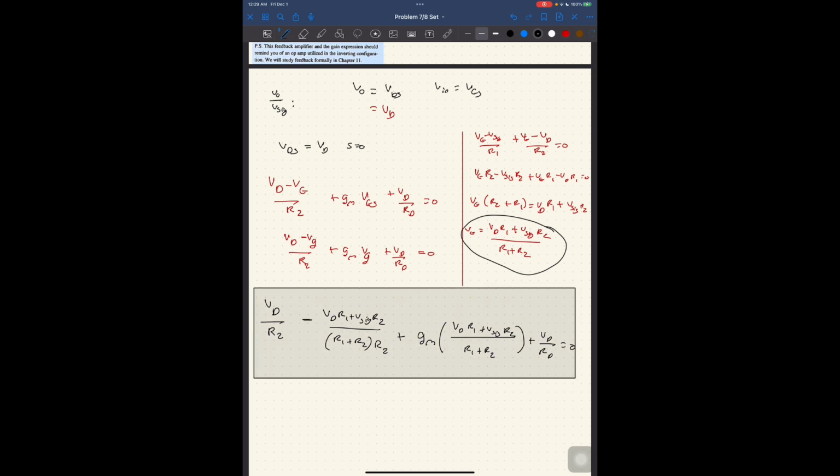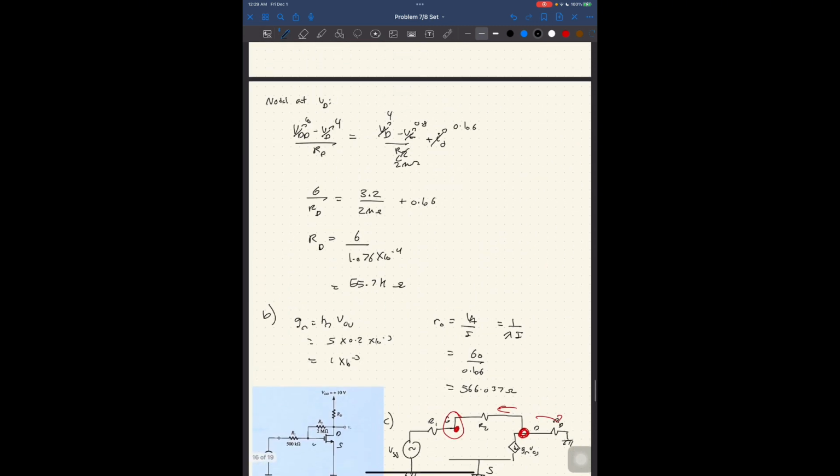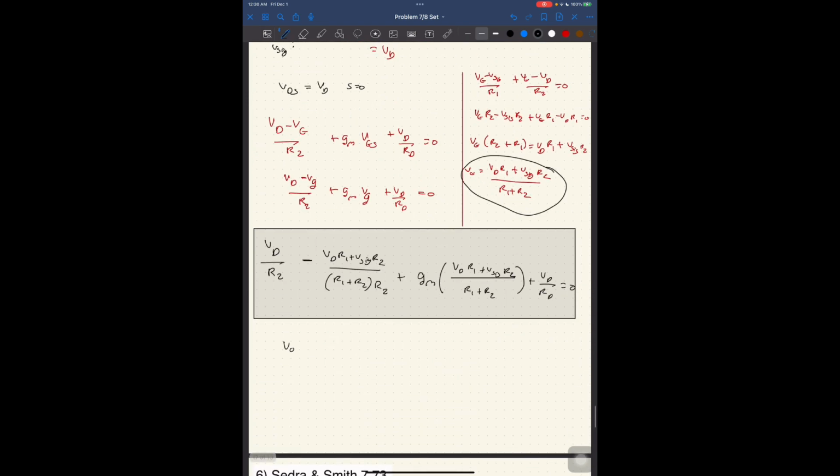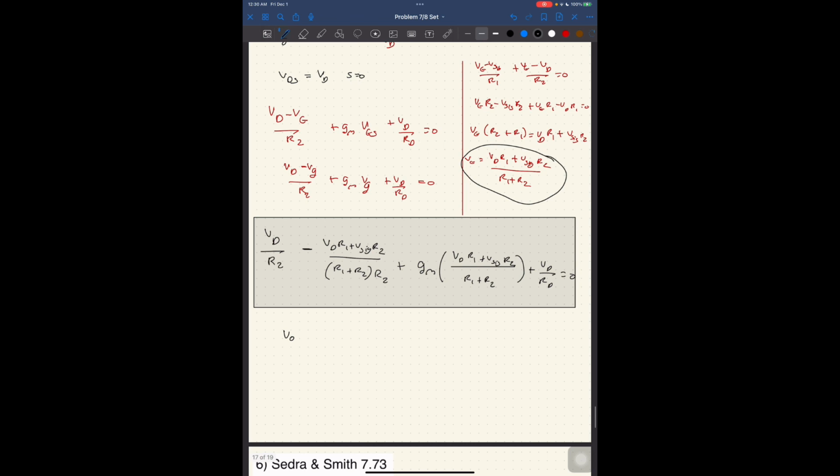Right? And then it becomes trivial to show that VO, which is really just VD over Vsig, is equal to that expression that they wanted. So this is just math. It's 4 pages of math.